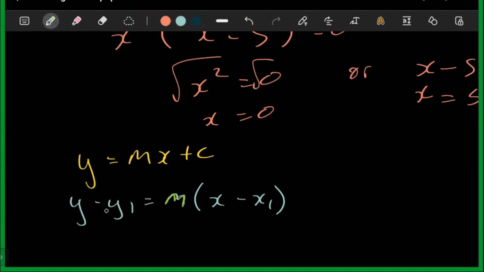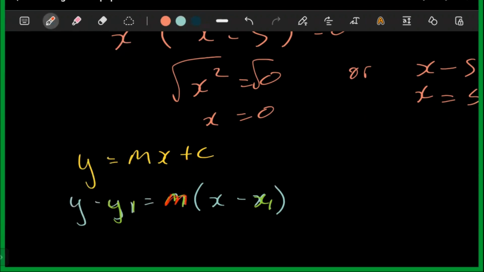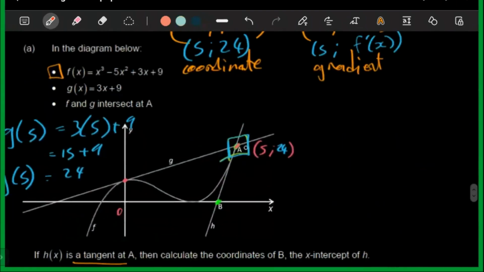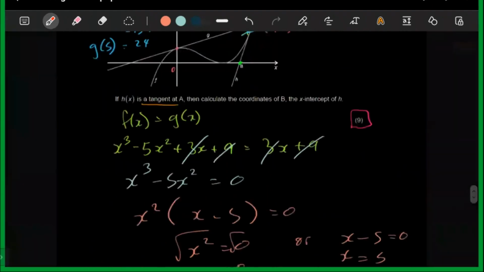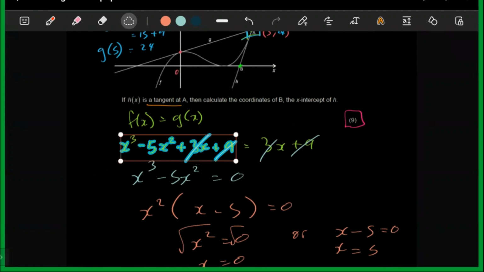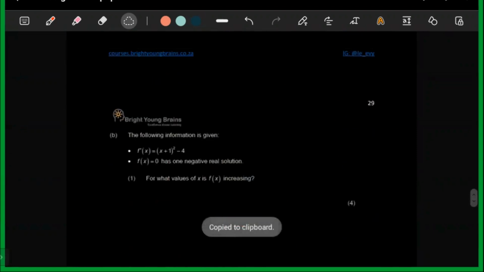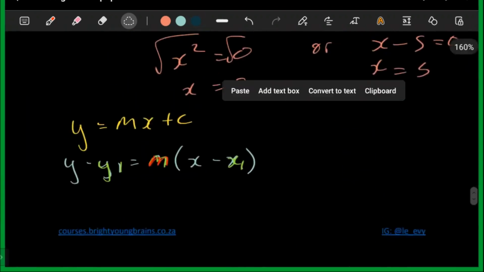A coordinate we have. It's only the gradient that we still need to find, which we can find easily from what we're about to do. We just want the gradient at this point. So getting the gradient at this point, we can use the first derivative of our cubic function, because if you want to find the gradient at any point, you take your first derivative.